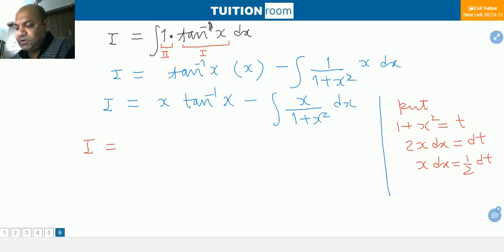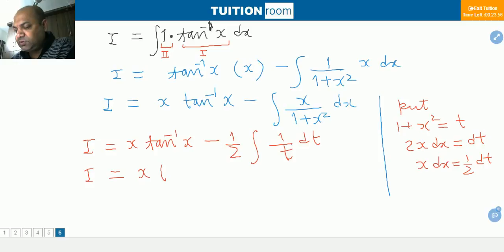Now the practice question will be the integral of sin inverse x dx. We can write 1 into sin inverse x, then we will integrate it. So guys, please copy it, then I will proceed for the next problem.